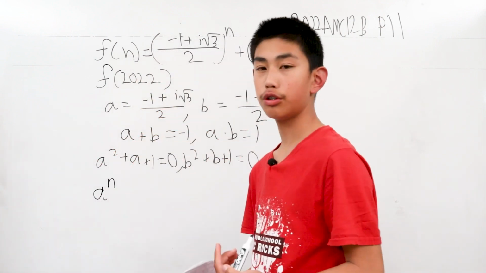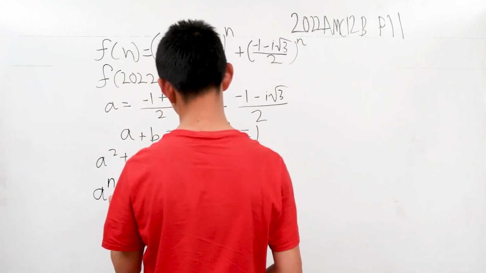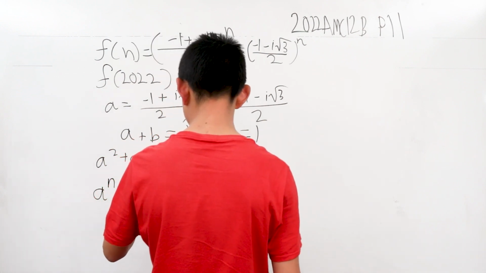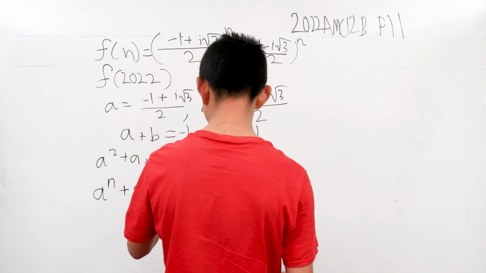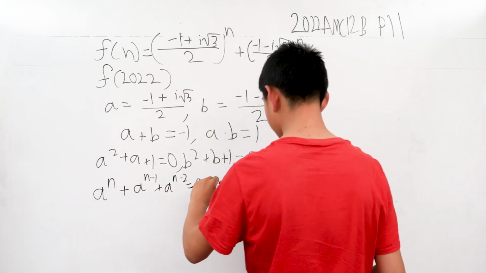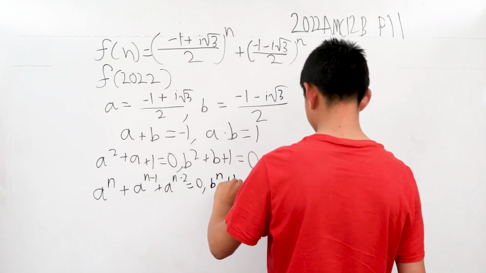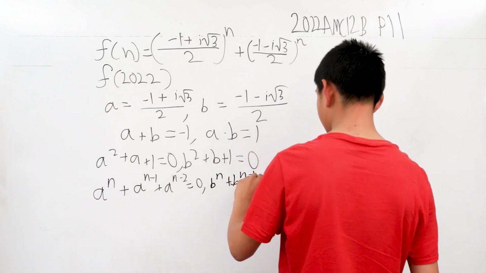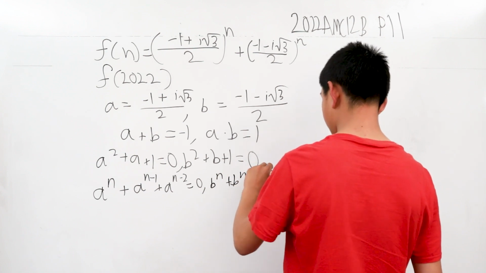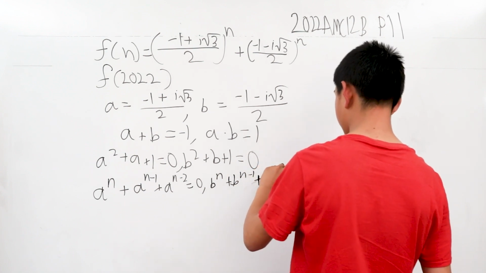Since n minus 2 plus 2 is just n, this is a to the power of n plus a to the power of n minus 1 plus a to the power of n minus 2 is 0. Similarly, we get b to the power of n plus b to the power of n minus 1 plus b to the power of n minus 2 is 0.